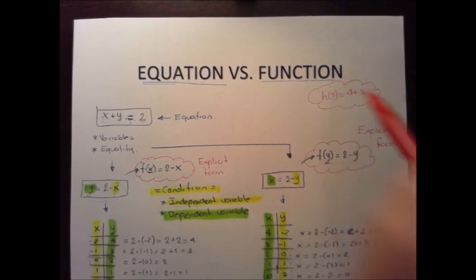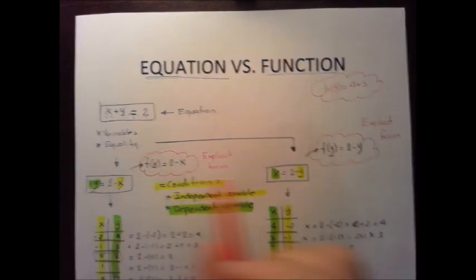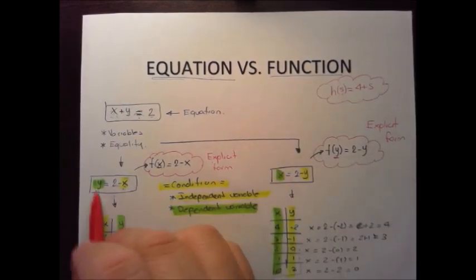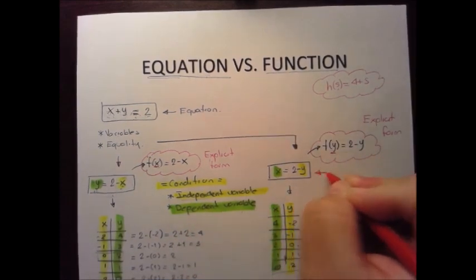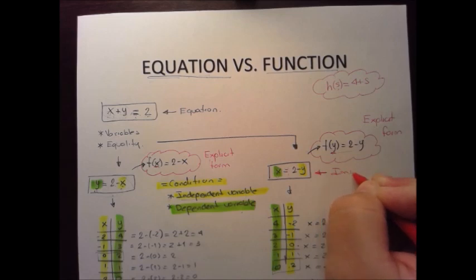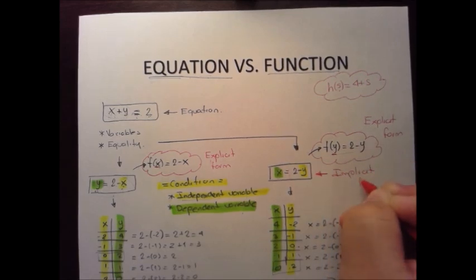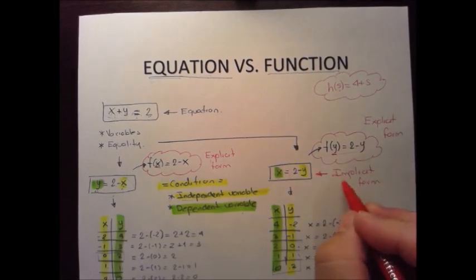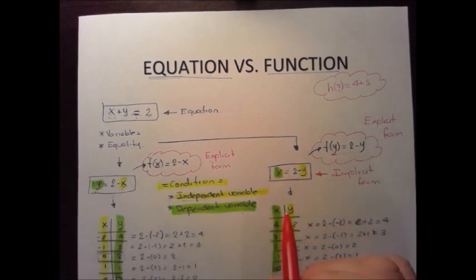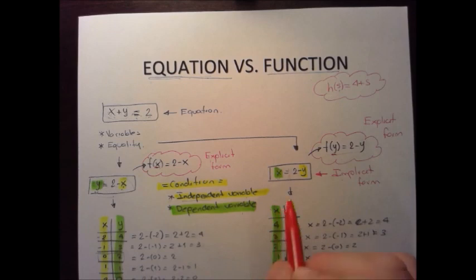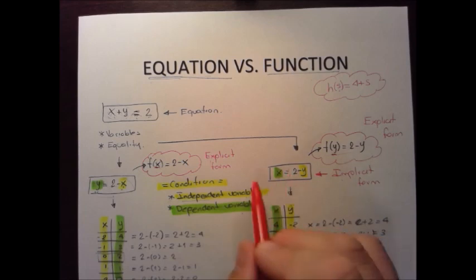Okay, but what about this one? We said that this is not a function, this is an equation. Yeah, but sometimes you can say that this is an implicit form of a function. Why implicit? Because it looks like a function, but you cannot see clearly what the independent variable is. It could be y, it could be x, it could be both. It depends on the clear process.